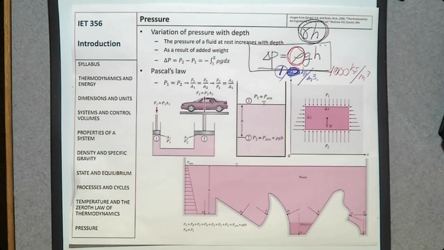Okay, we were talking about pressure last time, so let's continue. We learned that pressure changes in the gravity direction, and pressure increases when we move in the gravity direction. To find by how much, we use the equation delta P is rho gh.